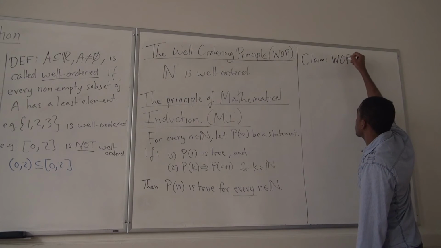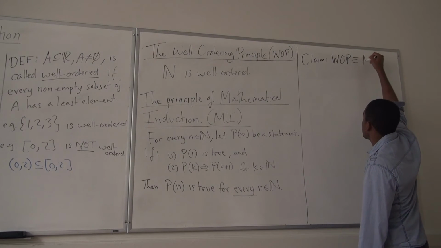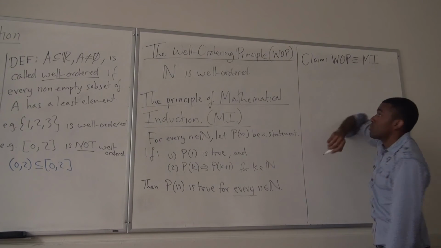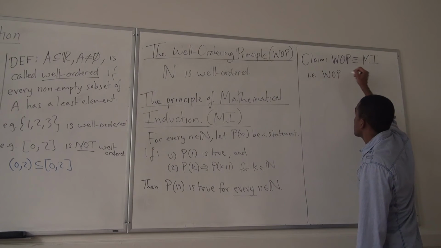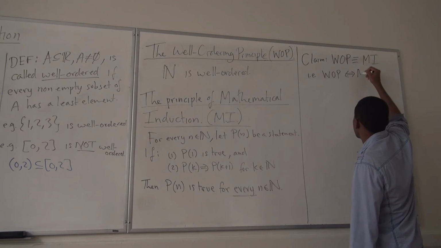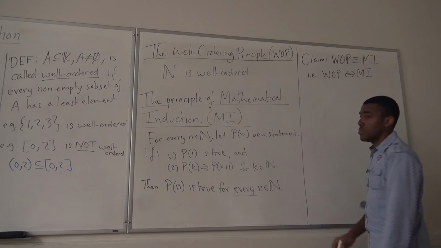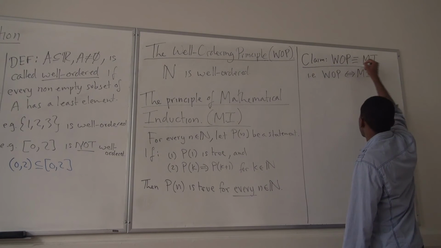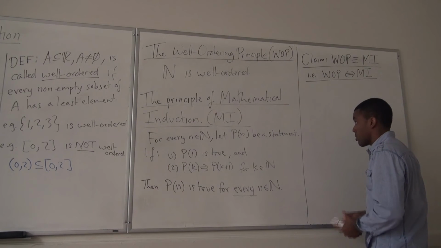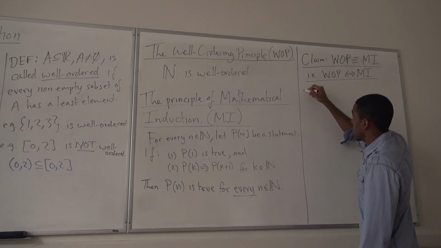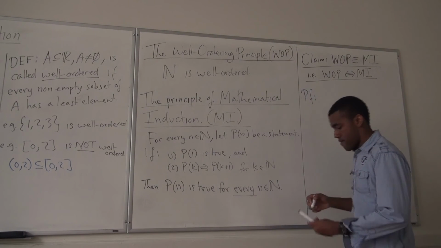The well-ordering principle is actually equivalent to the mathematical induction principle, i.e., these two sort of imply each other. This is the claim, and we're actually going to prove it.